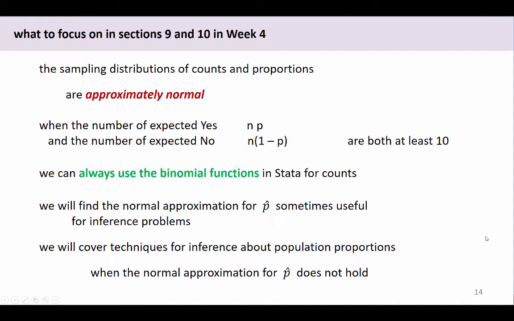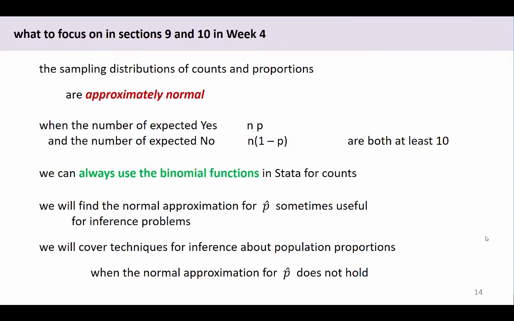So again, the sampling distributions of counts and proportions are approximately normal when we look at the expected number of yes, n times p, and the expected number of no, n times 1 minus p. They both have to be at least 10. We can always use the binomial functions for these kinds of calculations.